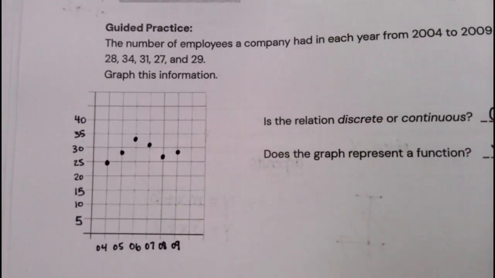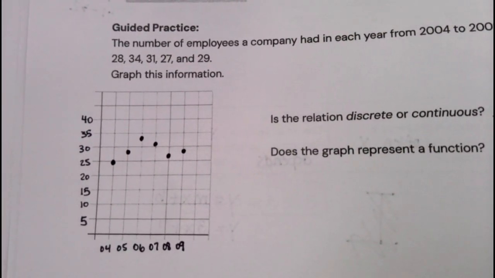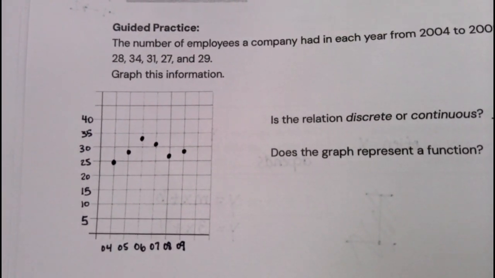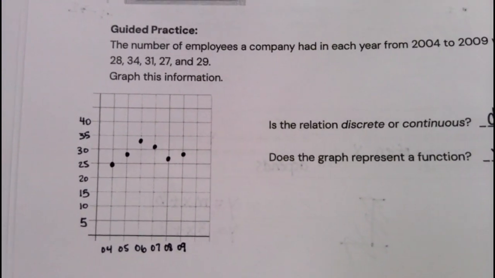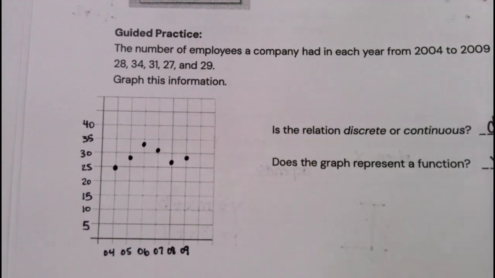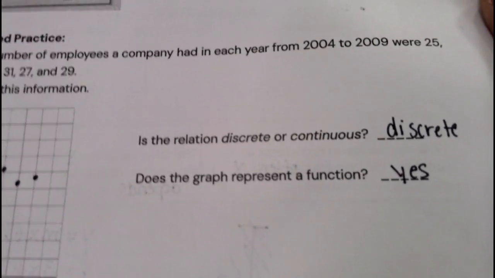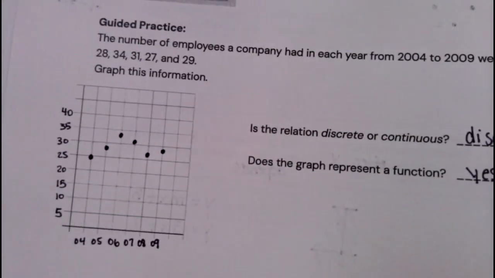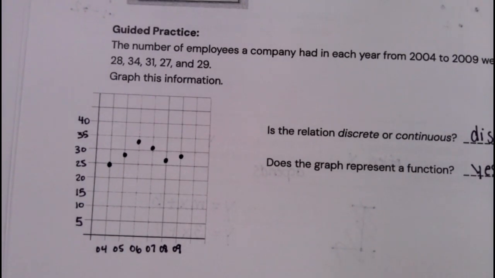All right, so if we look at the graph, it would be like that. Do we think it's discrete or continuous? It is discrete. Is it a function? Yes. So, at some point between 2004 and 2005, there was a change in how many employees this company had, but we can't assume that it is just a straight line between those.